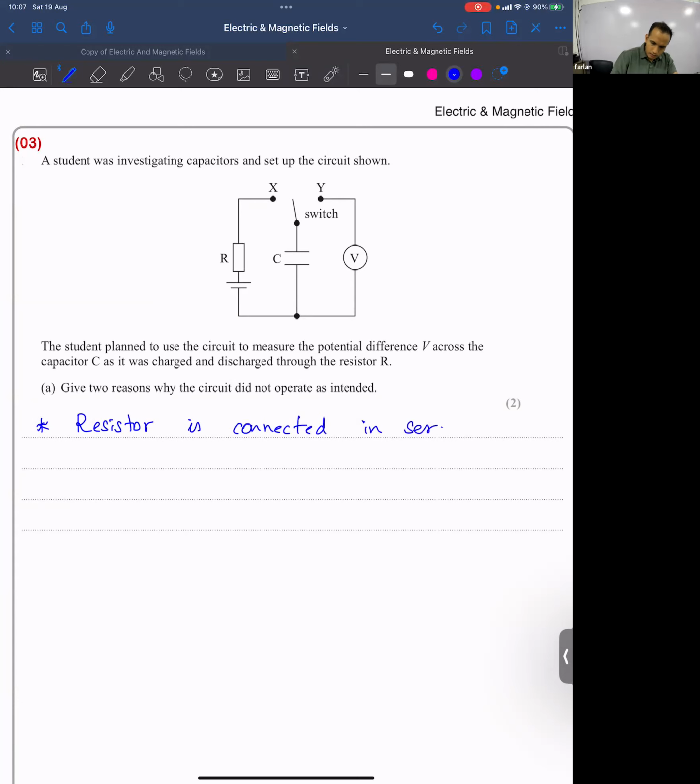In series with the battery. Okay. The next one I would say, while charging, the voltmeter is not connected to the circuit.